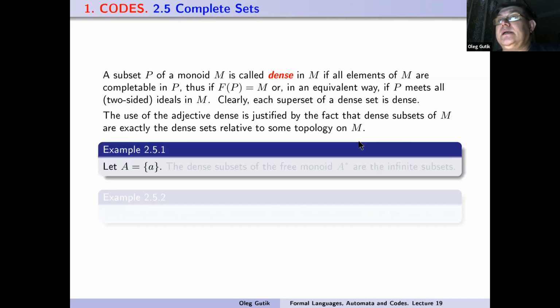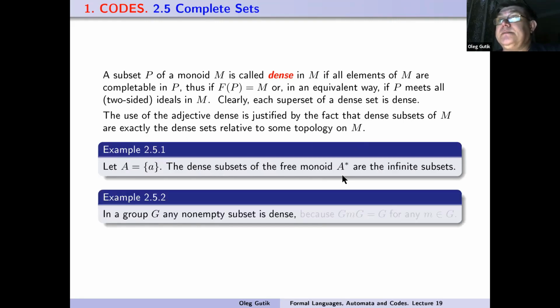An example: let the alphabet A consist of one element a. The dense subsets of the free monoid A star are the infinite subsets.